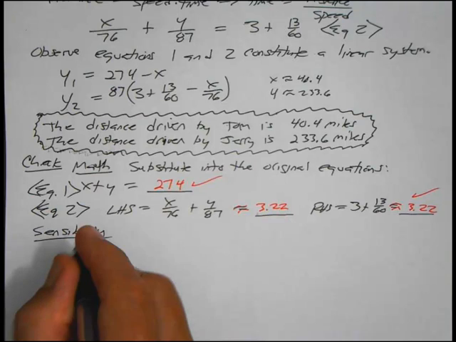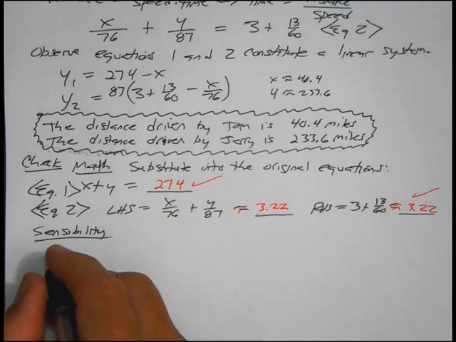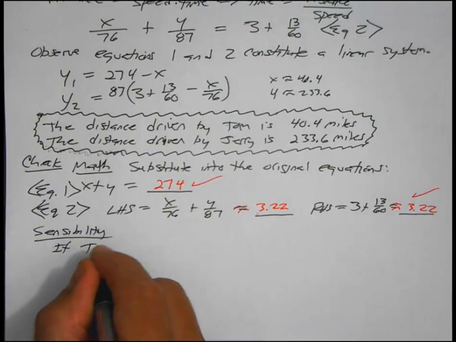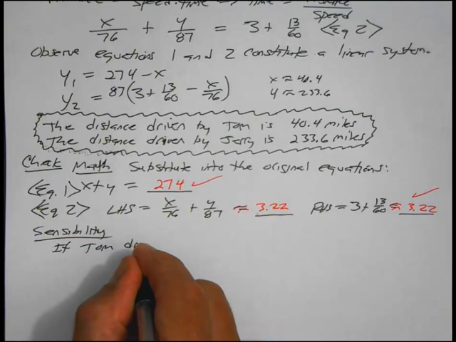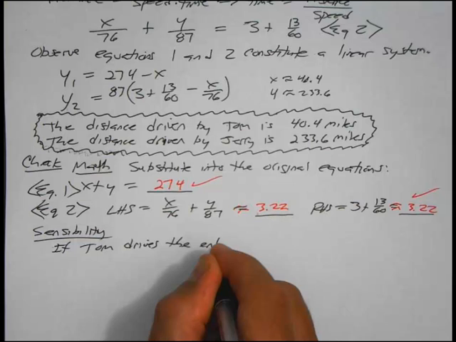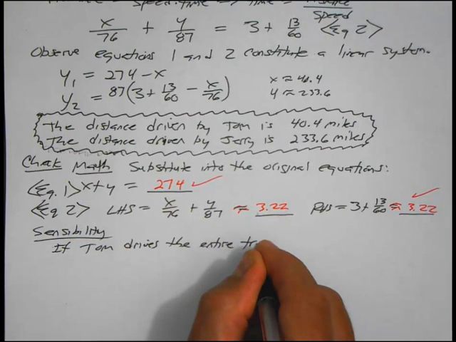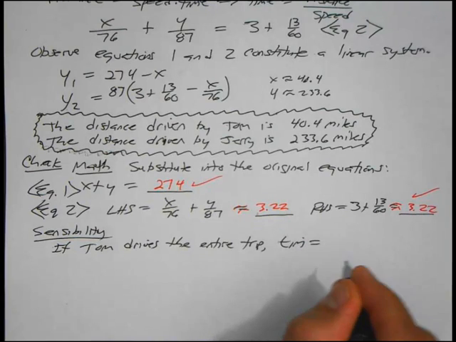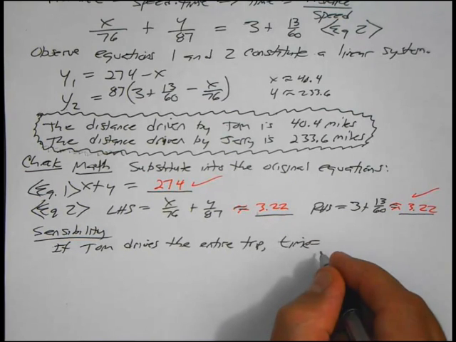Alright, let's see if this all comes together. So here's our sensibility check. If Tom drives the entire trip, the time would equal, okay, we're back to making use of distance equals speed times time.